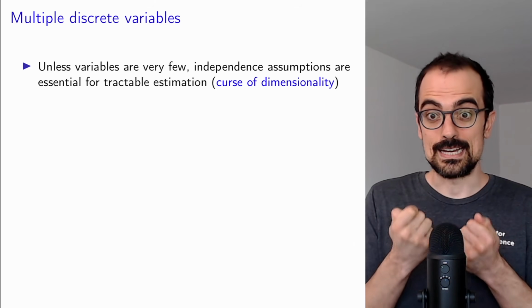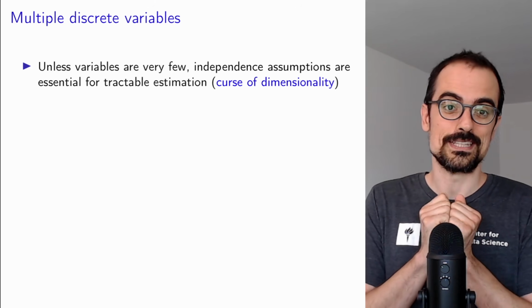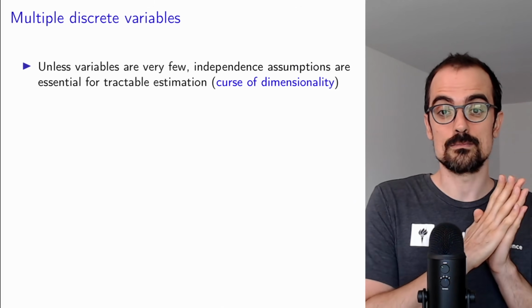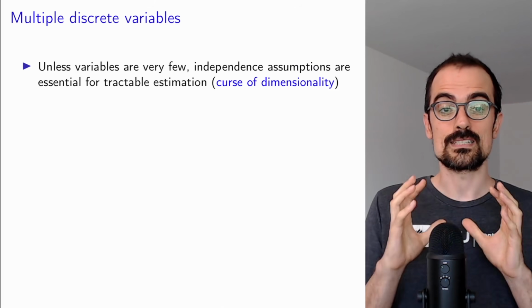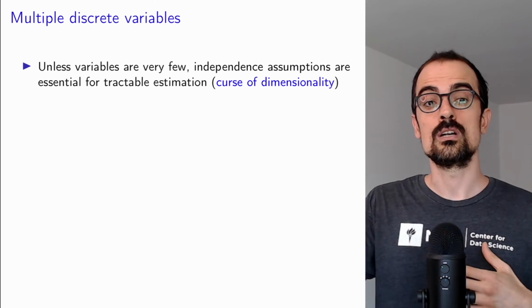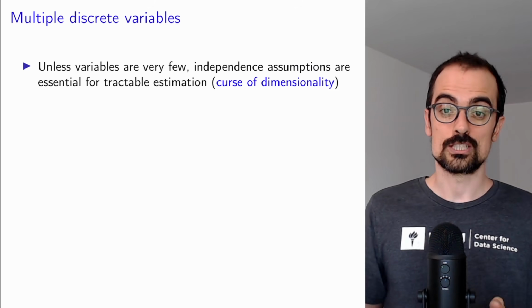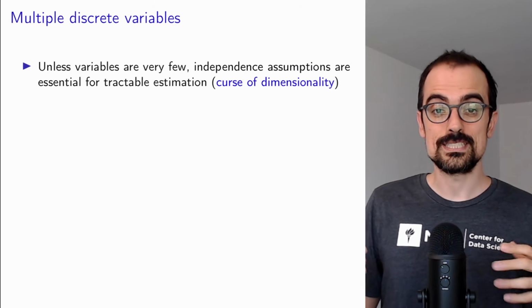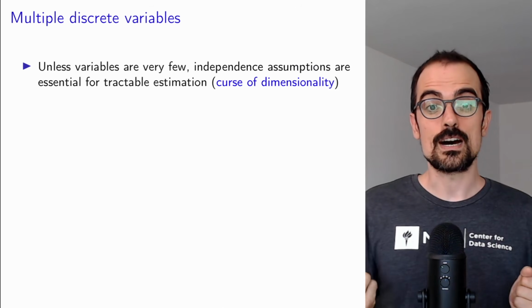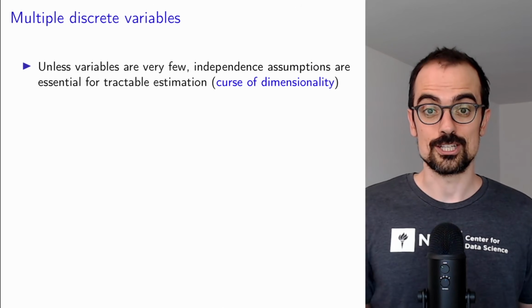And another very interesting phenomenon that is super important in practice is that unless variables are very few, independence assumptions or conditional independence assumptions are absolutely critical to ensure tractable estimation, because otherwise it's impossible to estimate all the dependence between random variables due to the curse of dimensionality.